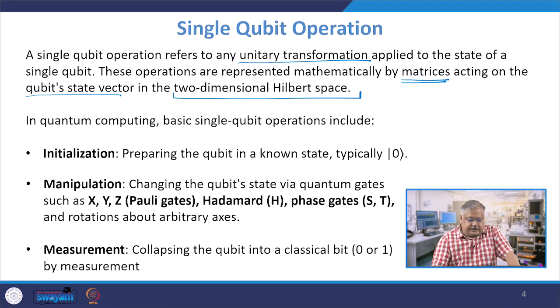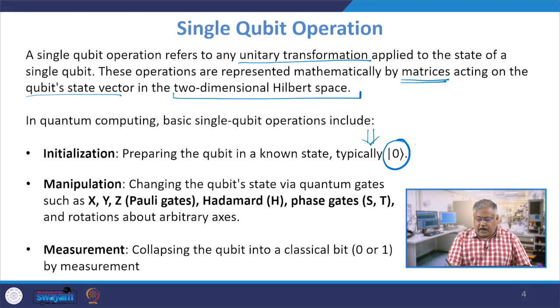So, the basic qubit operation includes the steps you see below. First is initialization, which means you prepare the qubit in a known state, let us say typically ket 0. So I very well know the initial state, for all practical purposes.